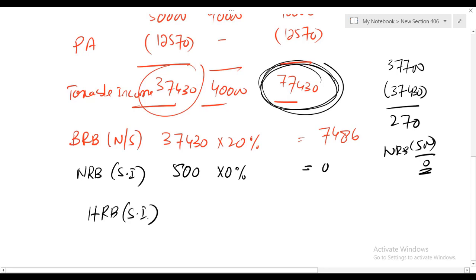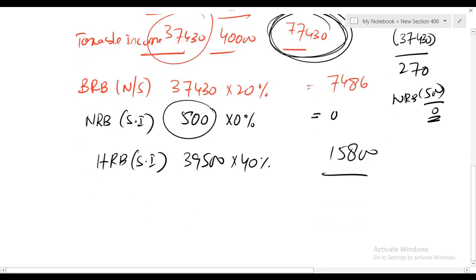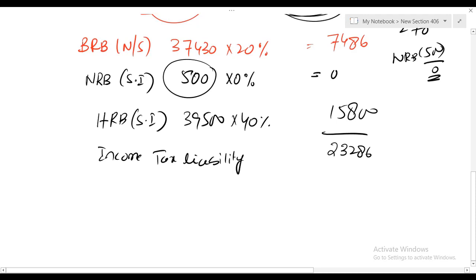So from 40,000, you deduct this 500. You get 39,500 into 40%, which gives me 15,800. Adding 7,486, we get 23,286. This is the income tax liability. From this income tax liability, you have to deduct PAYE if there is any.